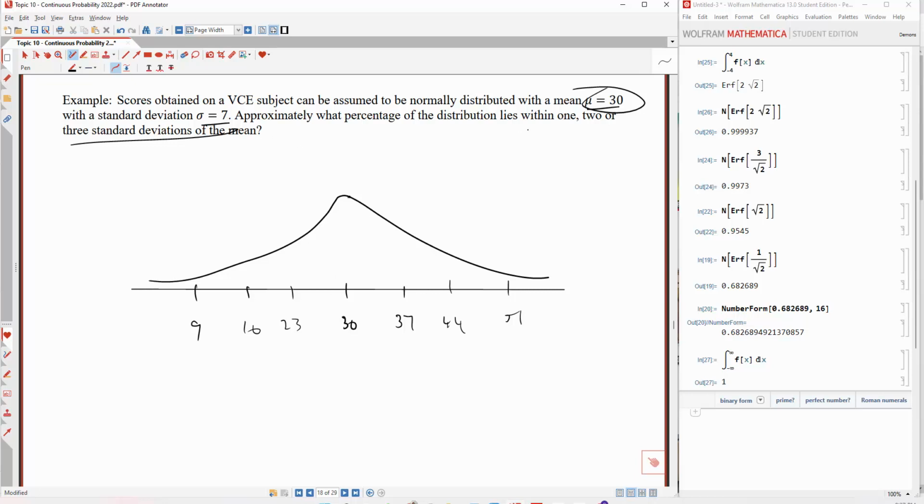So I know that within 1 standard deviation, 68% of students for any subject are going to fall between study scores of 23 to 37. I know that 95% of students are going to fall between 16 and 44, and 99.7 fall between 9 and 51. Hopefully you're on the 51 side.